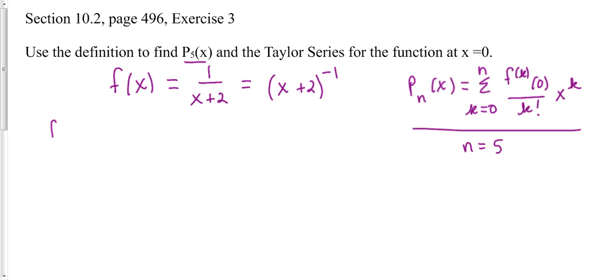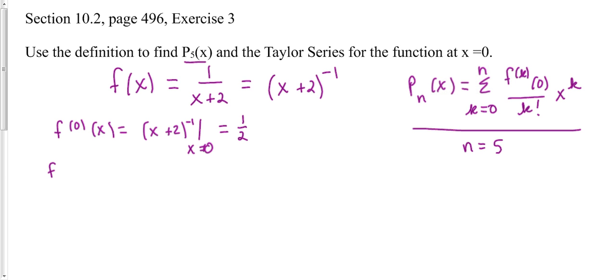So let's start with our 0th term, which is the 0th order definition. And of course, that is just the function itself, or x plus 2 to the negative 1, and we're going to evaluate that at x equals 0, and we are going to get a half.